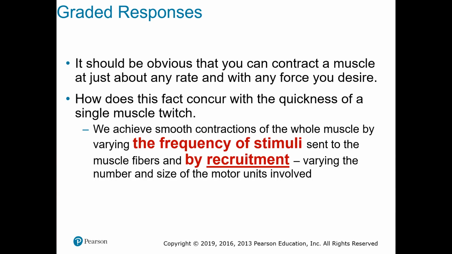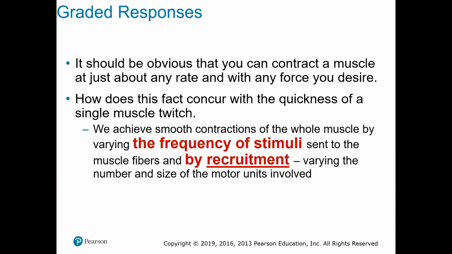Now, to achieve these smooth contractions, we can vary the frequency of the stimulus, meaning we can stimulate and then stimulate somewhere else and stimulate somewhere else, or we can recruit. We can bring in more muscle cells to do the job, or we can take away muscle cells to do the job.